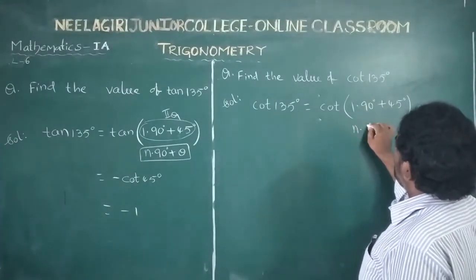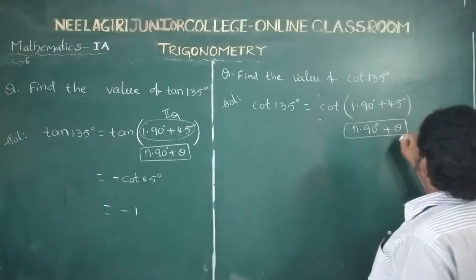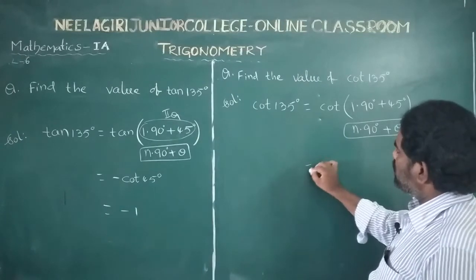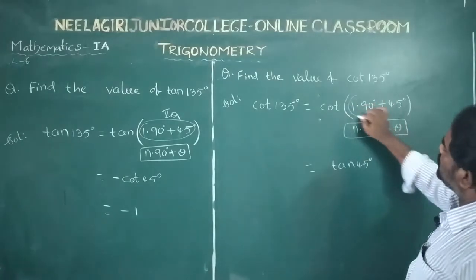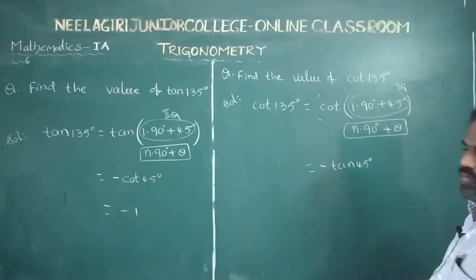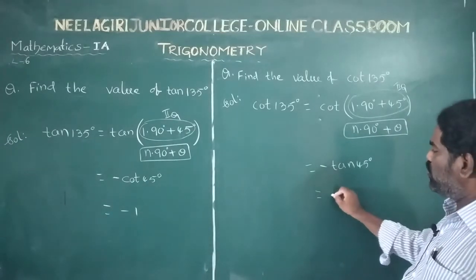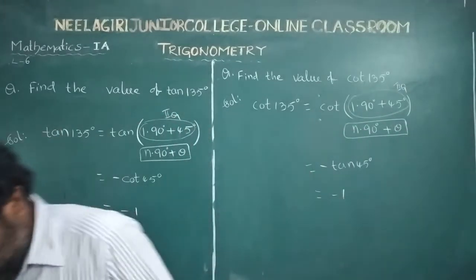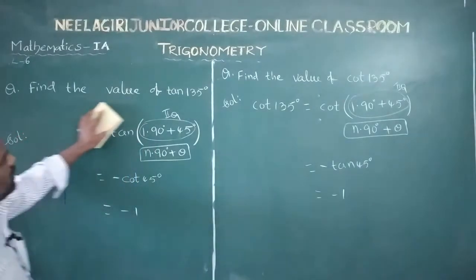Now, this is in the form of n into 90 plus theta. n equals 1, an odd number, so cot changes to tan, and the angle is 45. This angle lies in the second quadrant, so the cot function is negative. In the second quadrant, the result tan is also negative. So this value equals minus 1. Understand? In the same way, we are going to find the other angles also like this.